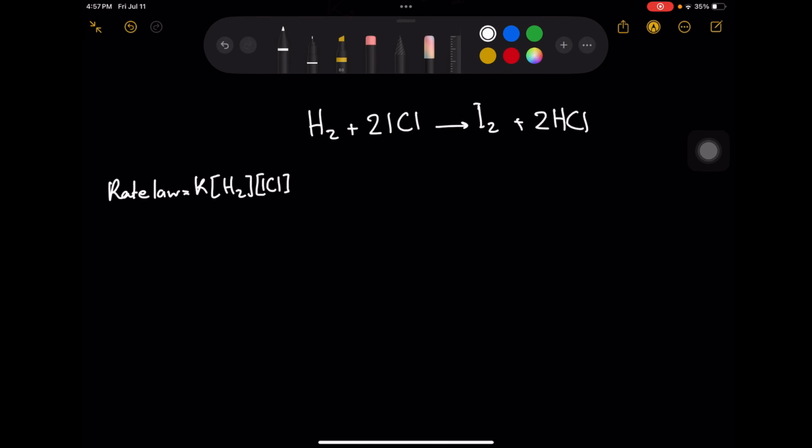I want you guys to propose a possible reaction mechanism for this reaction.